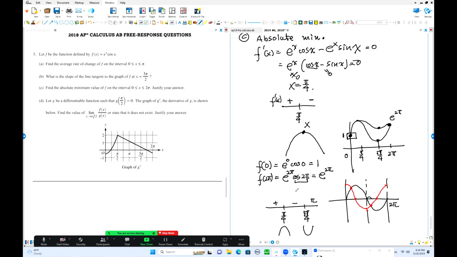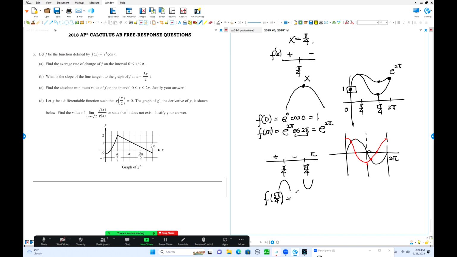So f of x is e to the x cosine x, okay? I'm going to do this here. e to the x is what? At 5 pi over 4, minus cosine 5 pi over 4. What is this one? 5 pi over 4 is over here, right?